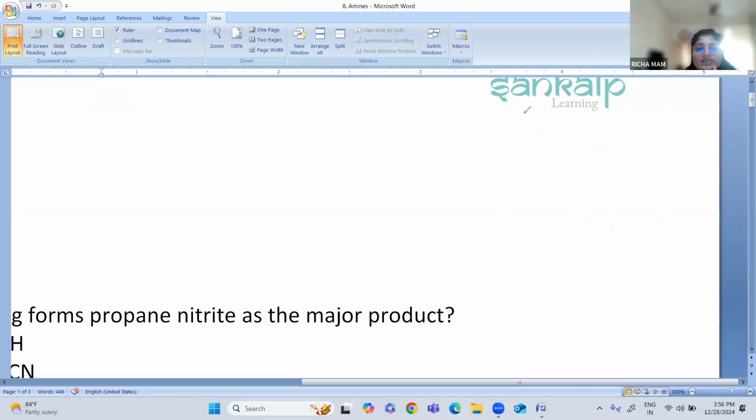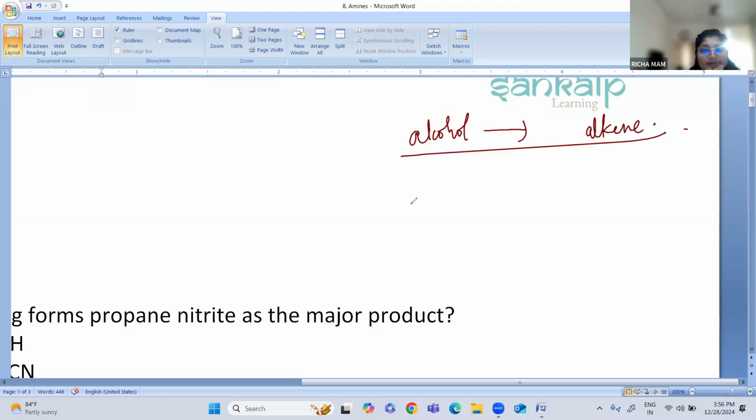One more mechanism is from alcohol to alkene, the dehydration of alcohol mechanism. There also, the first step is protonation. For protonation, you have CH3CH2OH. I did protonation, what will happen?